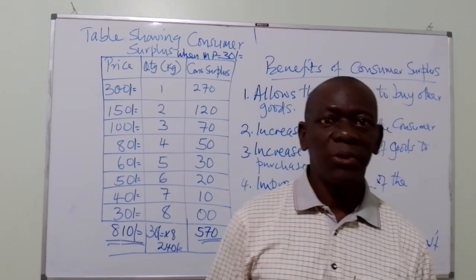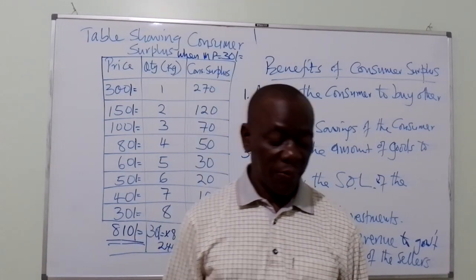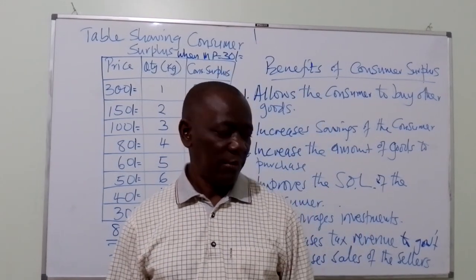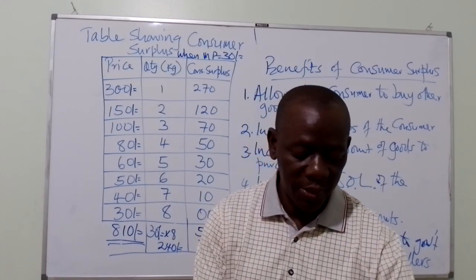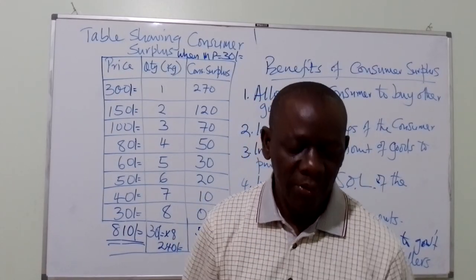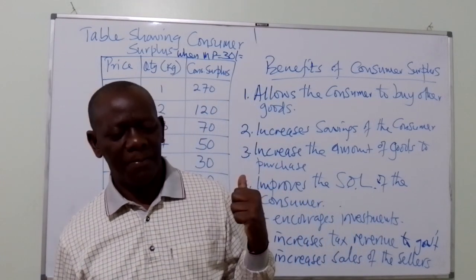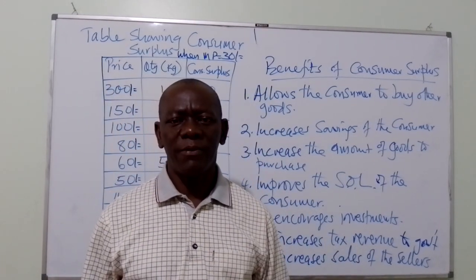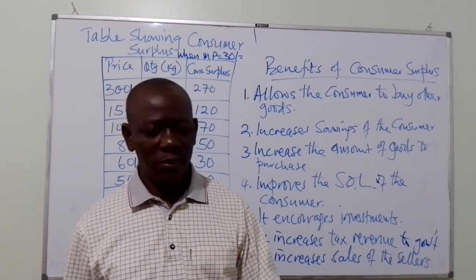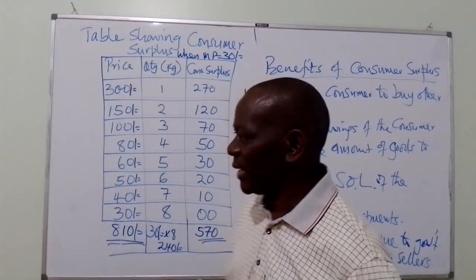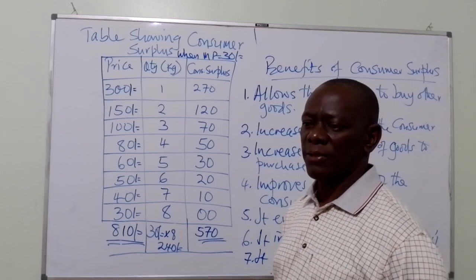Now we are moving to another area in our price theory. Still, we are going back to the demand curve. Why is the demand curve sloping downwards from left to right? Why does it have a negative slope?